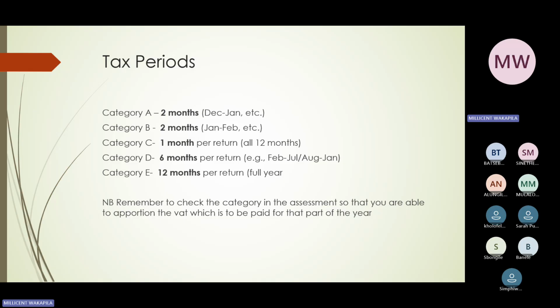Meaning to say I'm gonna need only 2 months' worth of rent to calculate my VAT. What am I gonna say now? I'm gonna say 2 months over 12 months multiplied by the 12,000. That is the amount that falls through the whole annual year for my VAT. Does that make sense?